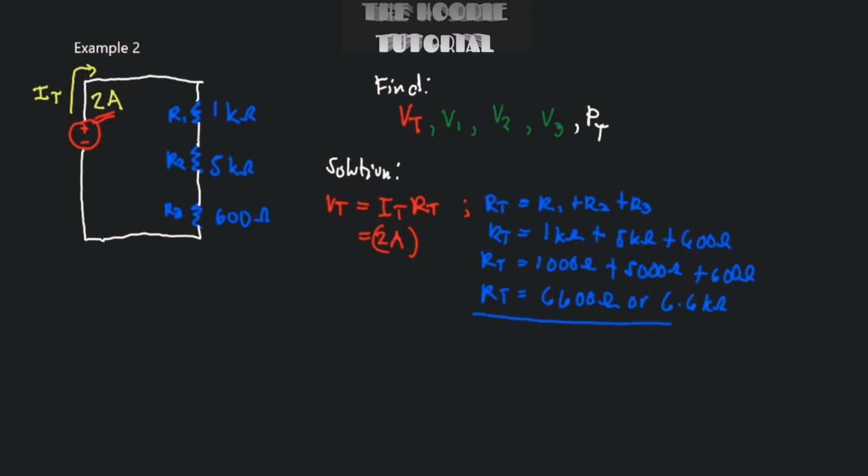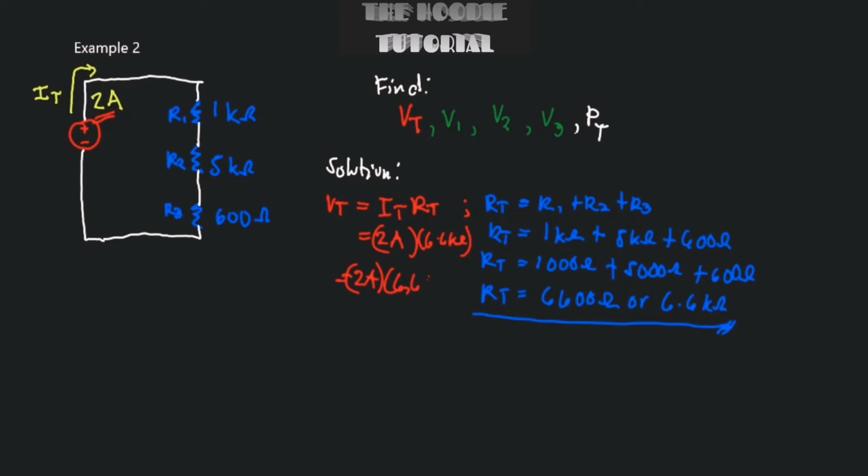So we now have the total resistance. Let's put that right here. We have 6.6 kilo ohms, and before we input that into the calculator, make sure that we transform the kilo ohms into ohms so that we would have the correct answer.